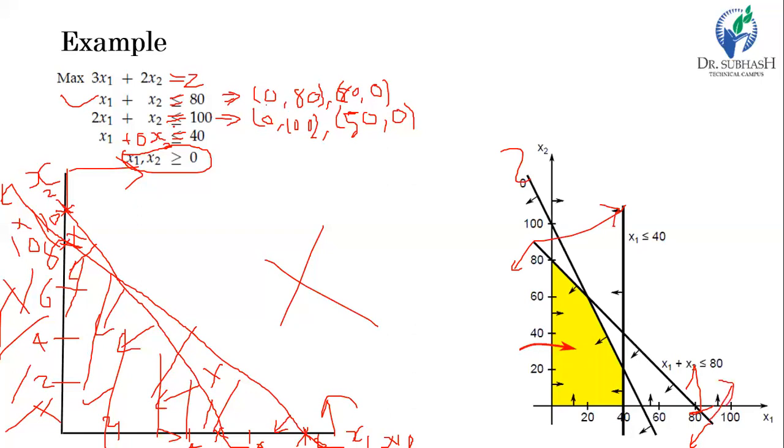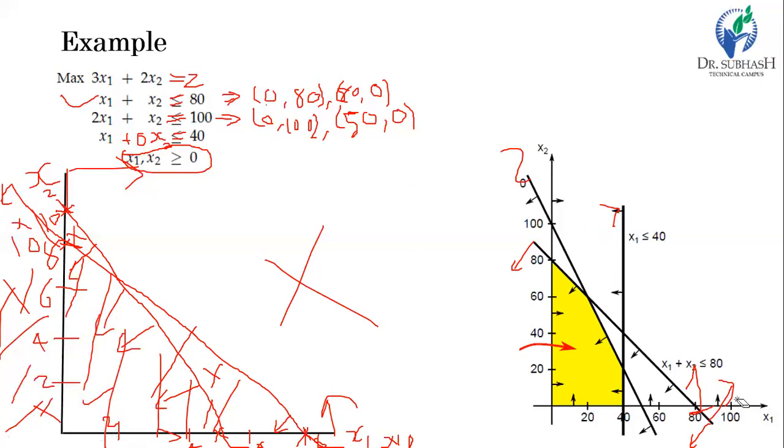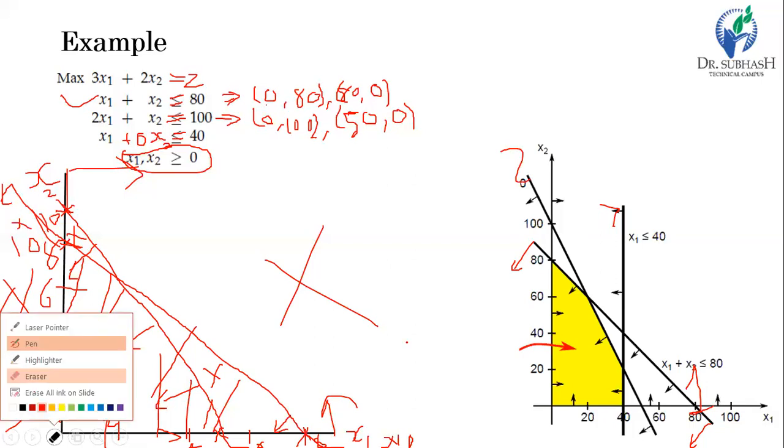This might be the case in many problems, but here we did not have to consider this, so we will erase it, and our solution will lie only in the first quadrant.